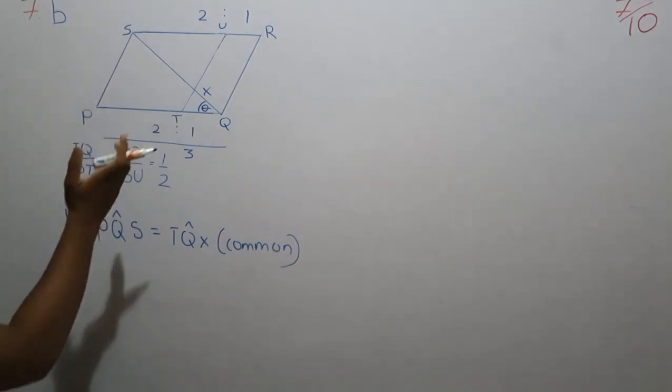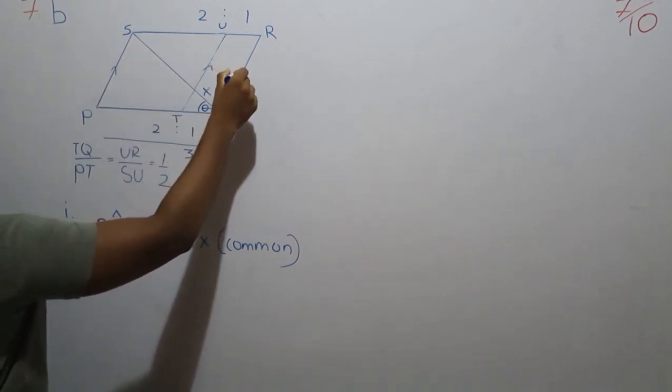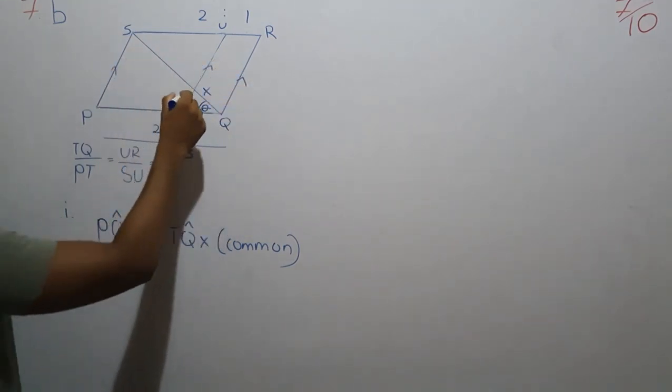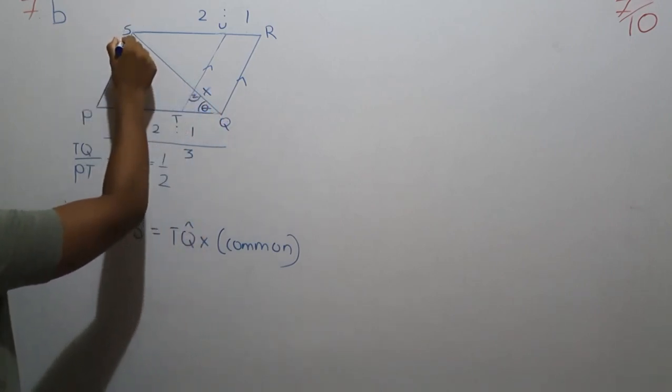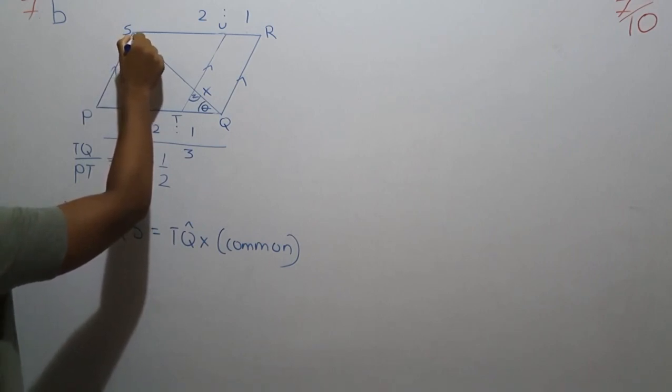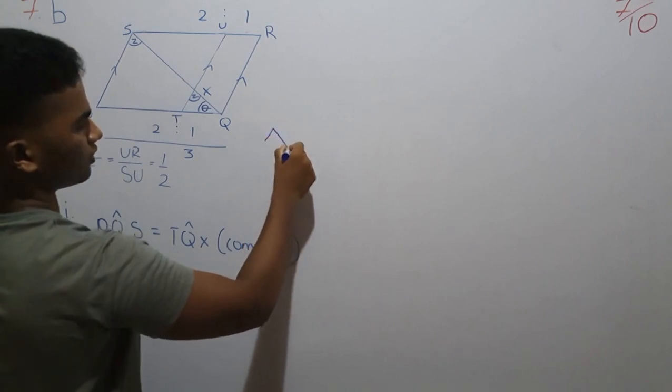So you know, now these lines are parallel lines. If this angle is Z, then this angle is also Z. What's the reason? Because it's corresponding.